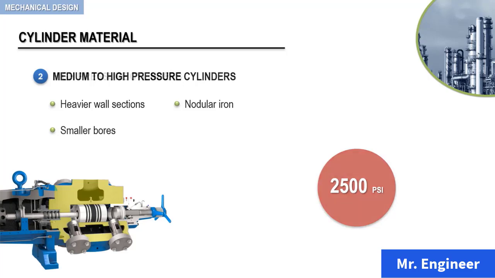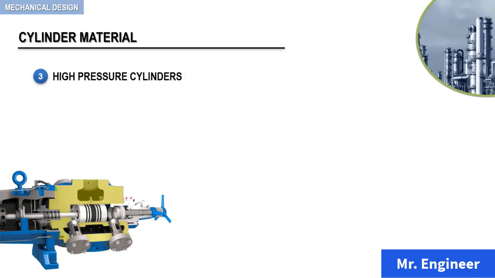Finally, high-pressure cylinders are made from steel forging, with only nominal water cooling as compared to the other cylinders. Because the smallest possible number of openings in the forging is desired, capacity control mechanisms are not normally provided.